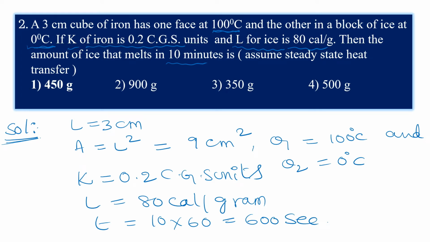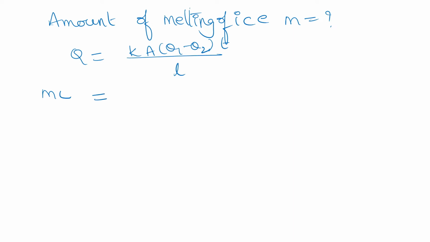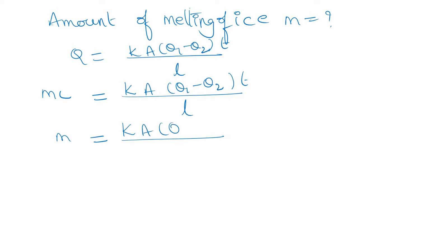Now we have to calculate the amount of melting of ice, that is M. So Q is equal to K A (theta 1 minus theta 2) into T by L. Q is equal to m L. So m L is equal to K A (theta 1 minus theta 2) into T by L. M is equal to K A (theta 1 minus theta 2) into T by L into L.